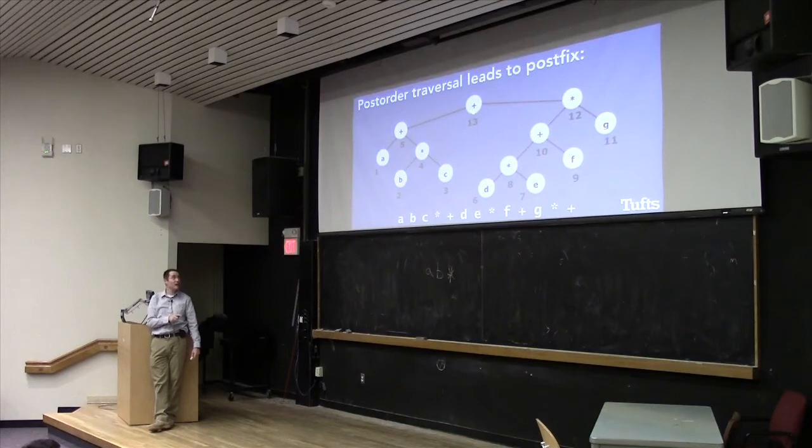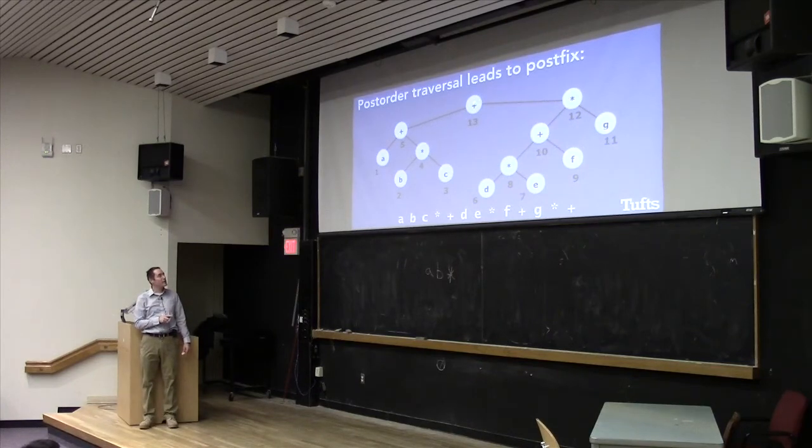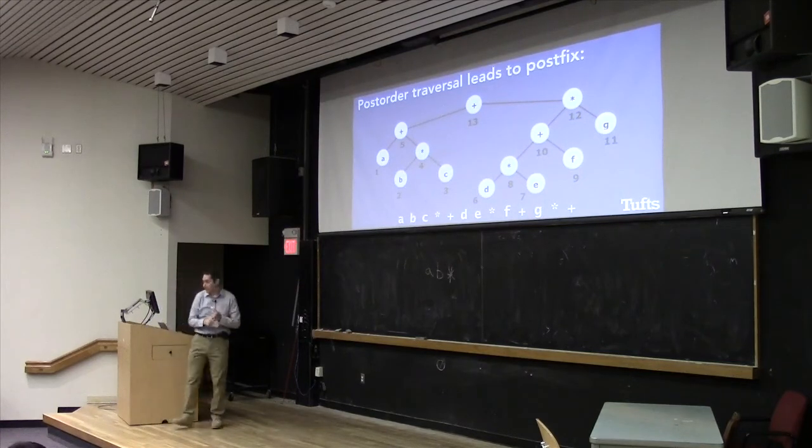So that plus is going to end up the last one here because it's a first in, last out sort of algorithm. So watch what happens. It starts here and goes left, left, left, left, left, print. OK, we got to go back, but we don't print anything yet. We go right down this one, and then we go left down this one. Oh, can't go anywhere here, print. Go up here, go right, print. So we're always printing at the end before we back up the tree.